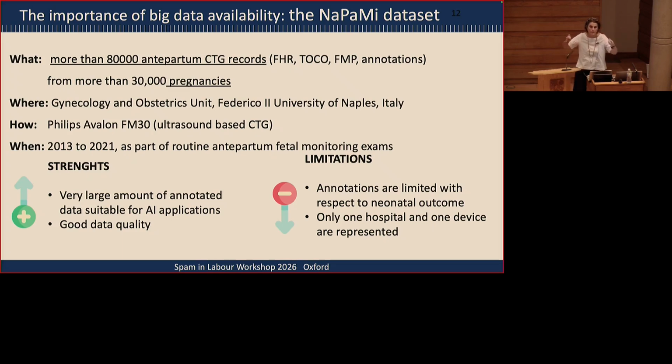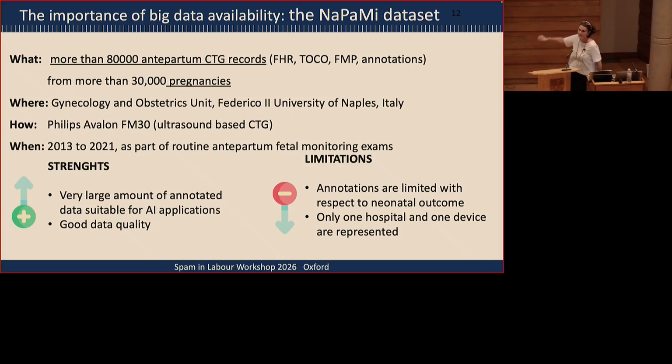So we collected cases as they came to the gynecology and obstetric unit in Federico II University in Naples over the years. They are all collected through Philips. I don't know if Paul Amelman is here.